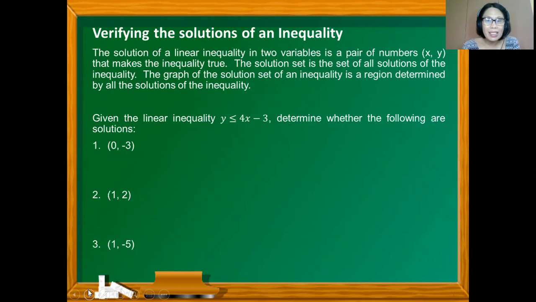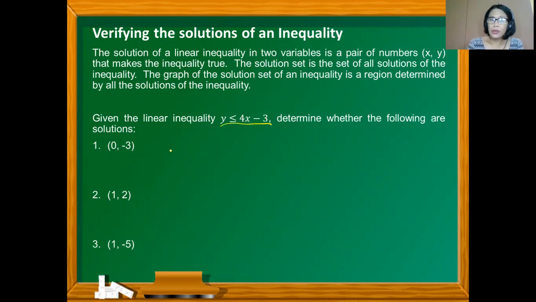The solution set is the set of all solutions of the inequality. So the graph of the solution set of an inequality is a region determined by all the solutions of the inequality. Now, in each of these points, we're going to identify which among the points here is a solution of this inequality.